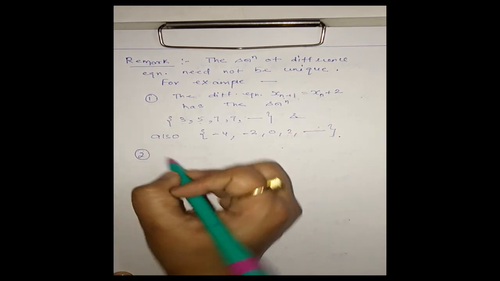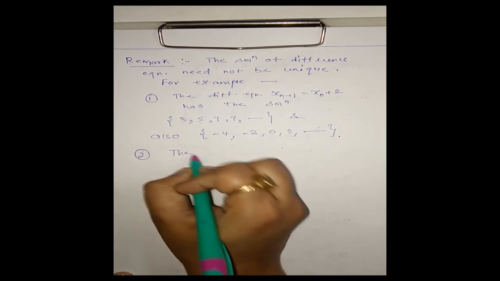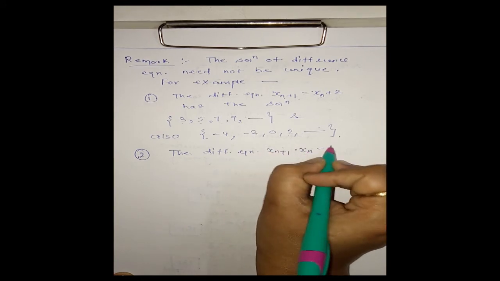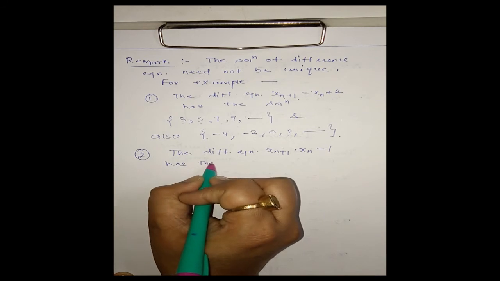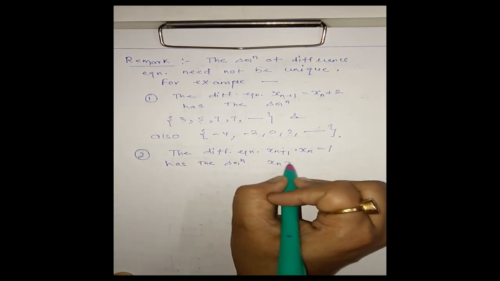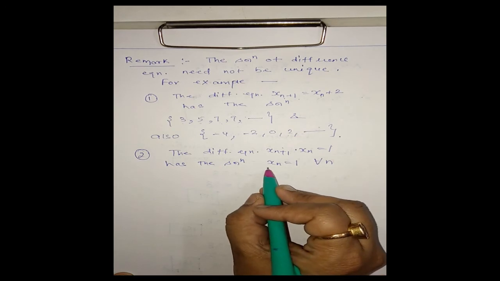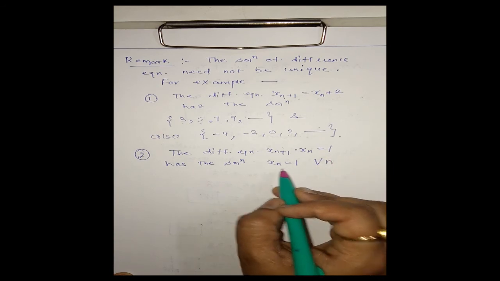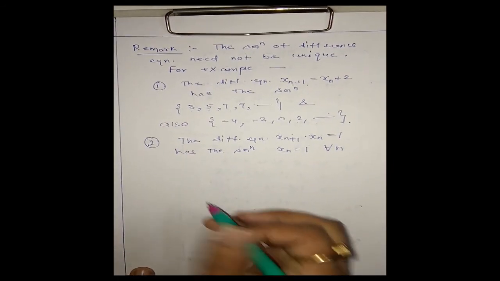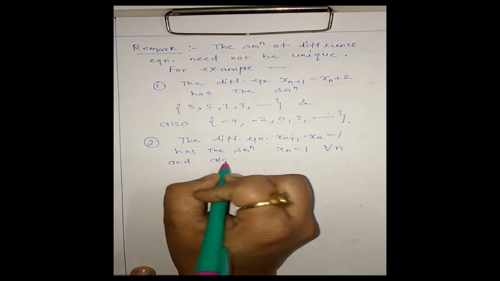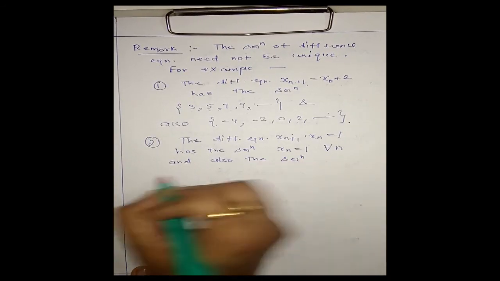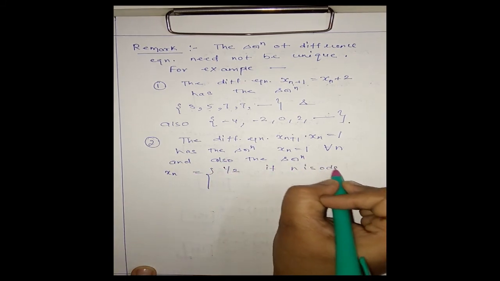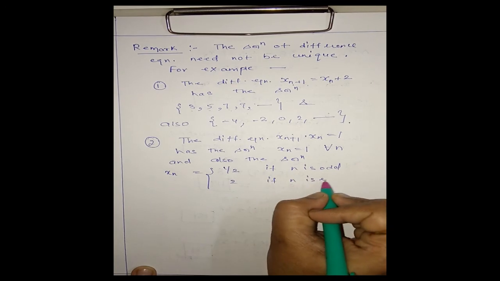Same way, if I consider the difference equation xn plus 1 into xn is equal to 1, it has the solution xn is equal to 1 for all n. If xn is 1 for all n, xn plus 1 will also be 1 and 1 into 1 is 1. That means xn is equal to 1 is a solution, and also the solution xn is equal to 1 by 2 if n is odd and 2 if n is even.